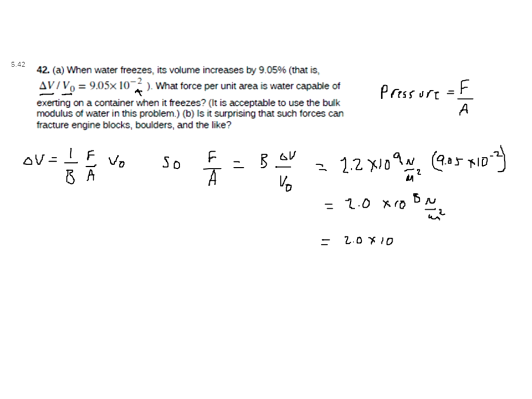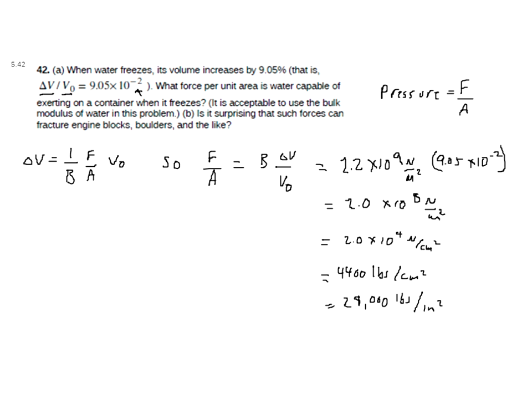So that would be 2 times 10 to the 4th newtons per square centimeter. That would be about 4,400 pounds per square centimeter. And for our American and Liberian friends who don't use the metric system, that's about 28,000 pounds per square inch.